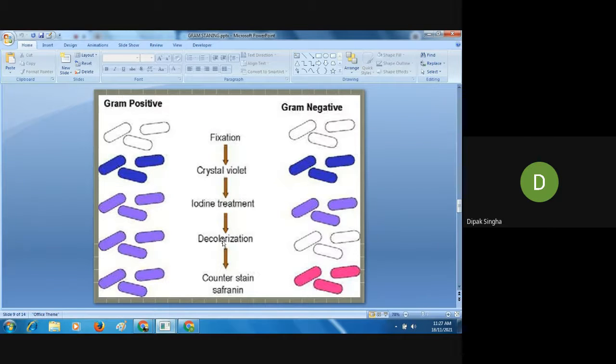But after that another scientist used safranin as a counterstain. After the process is complete, if it is violet color, it is gram positive, and if it is red color, it is gram negative. Clear?